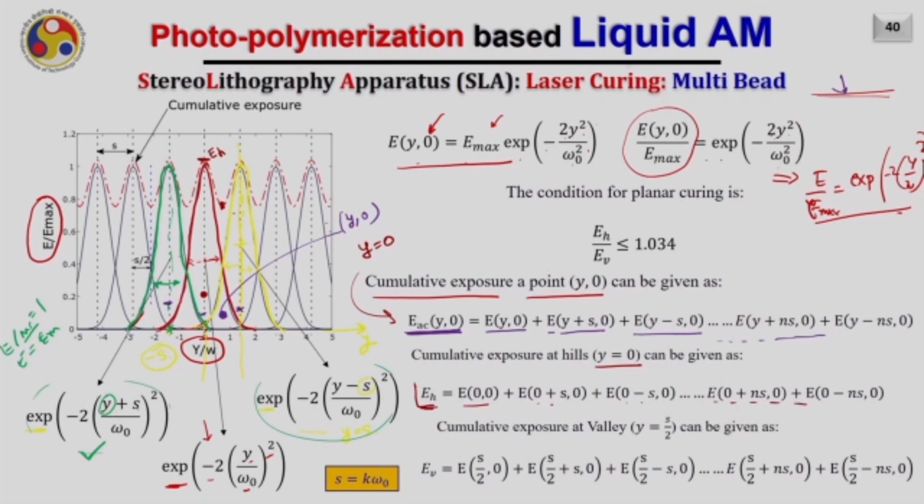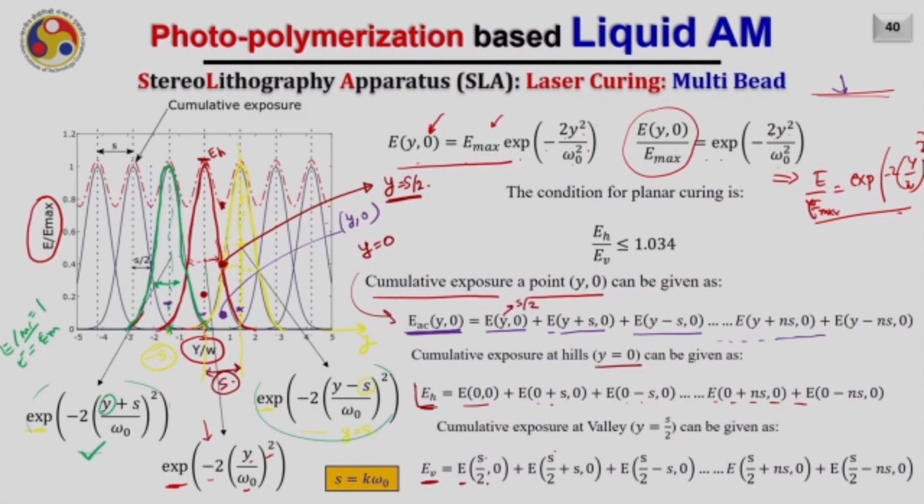Now, let us try to find out the energy in the valley. So, this is the valley, and the valley point is nothing but the intersection between the two passes. This intersection point we have already found. It is at y equals s by 2 if the step over is s. That means for this point I can write the energy available in the valley equals E(s/2, 0), because I am writing just y as s by 2.